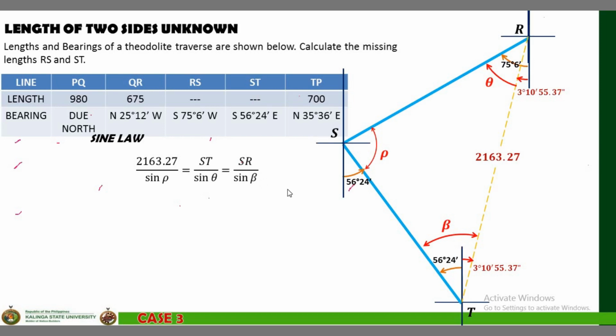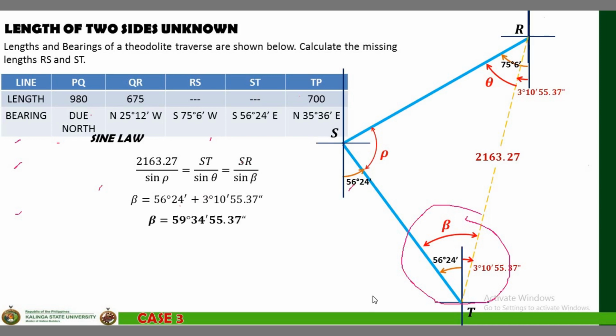Now if you observe the sides and angles, I can solve for beta. That is equal to 56 degrees 24 minutes plus 3 degrees 10 minutes 55.37 seconds. So the value of beta is equal to 59 degrees 34 minutes 55.37 seconds.